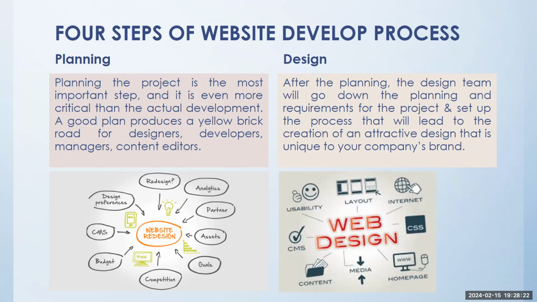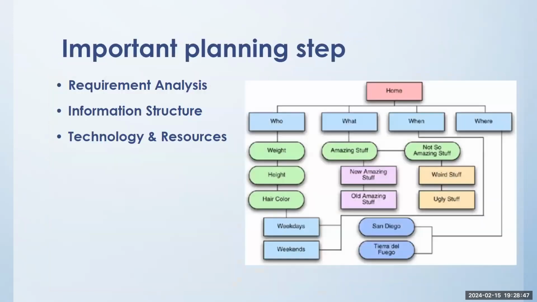Now you can see that on the design side, we have a clearly designed layout: which side should be the header, which side the footer, which side the menu. All these things are there. Then we are going to use CSS, cascading style sheets. Likewise, you can plan and design.